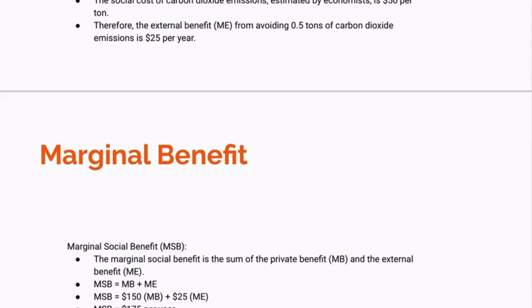So the marginal social benefit which comes from installing an additional solar panel is $175 per year. I hope that you have understood the concept of marginal social benefit, marginal private benefit, and the positive externality quantification in terms of private benefit and societal external benefit.